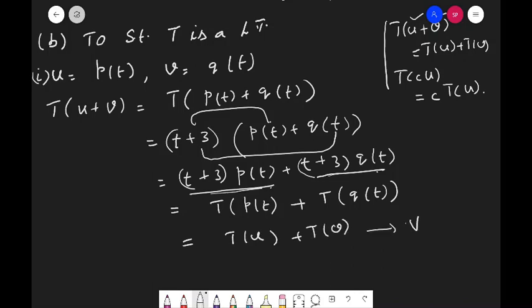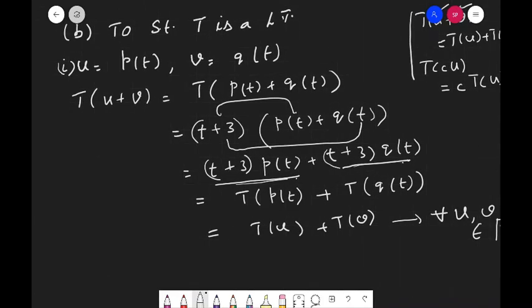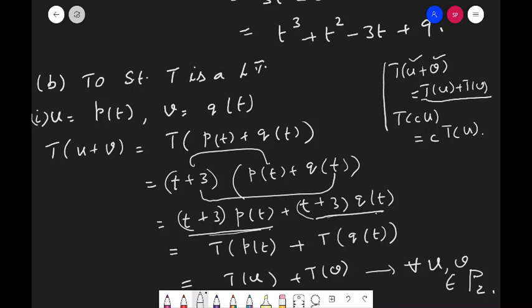This is for all u, v belonging to P2. So the first condition, T of u plus v, is completed.